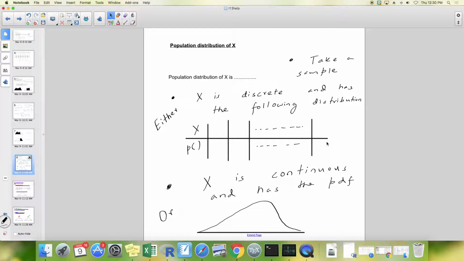Or in the height example, x is continuous and it has some PDF. So discrete things have tables like this, and continuous things have PDFs like this. So what's population distribution of x? It's either the table, if it's discrete, or it's the PDF. So once again, population distribution of x is the table when it's discrete, or it's the PDF when it's continuous.